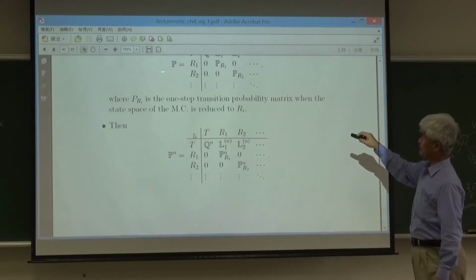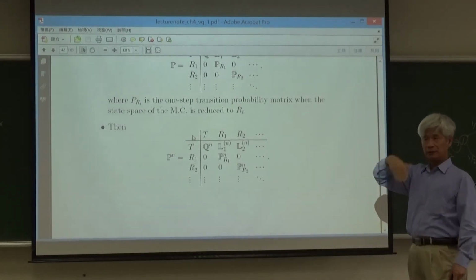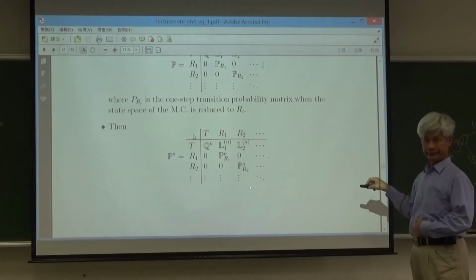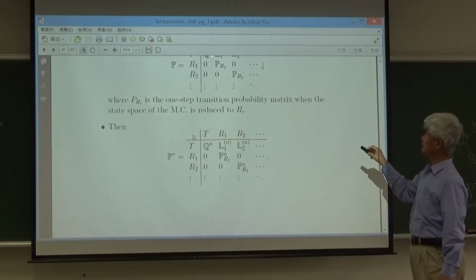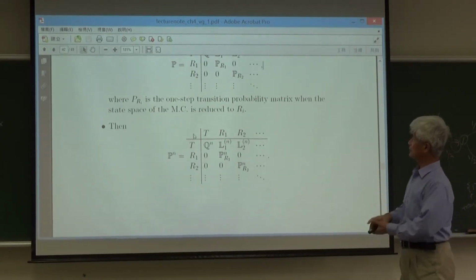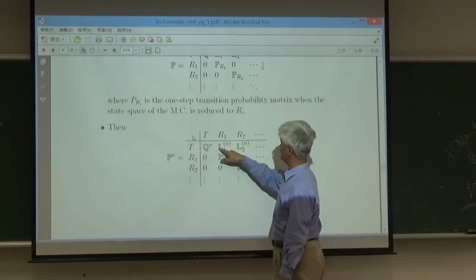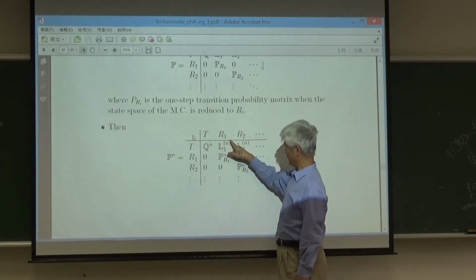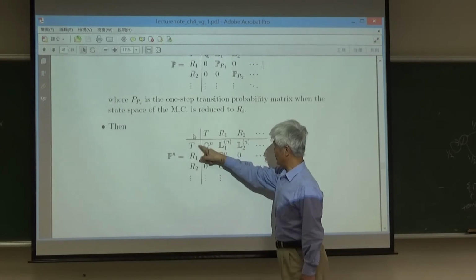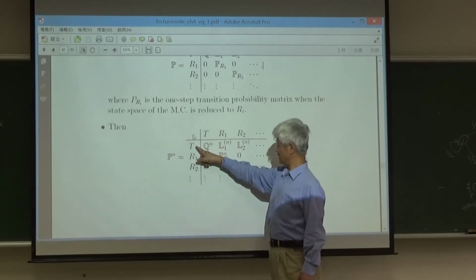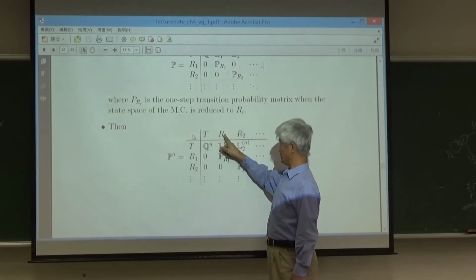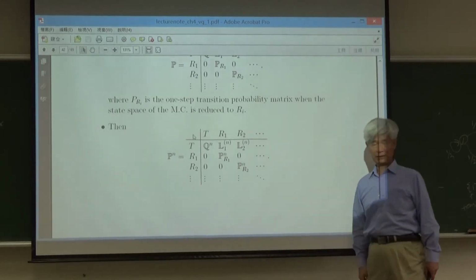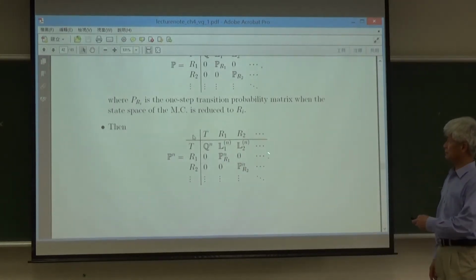When you multiply P n times, you will see that for the diagonal terms you have the n-th power, no problem, and Q^n is also the n-th power. But there is a part here that is not the n-th power of L1. Actually, you have to know it is the n-step transition probabilities from a transient state to a recurrent state in this class. So the subscript n means the n-step transition probability.